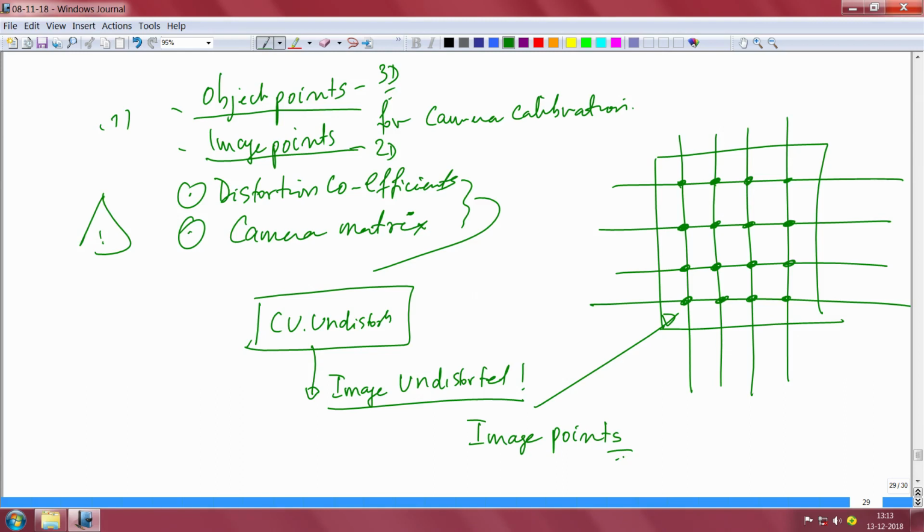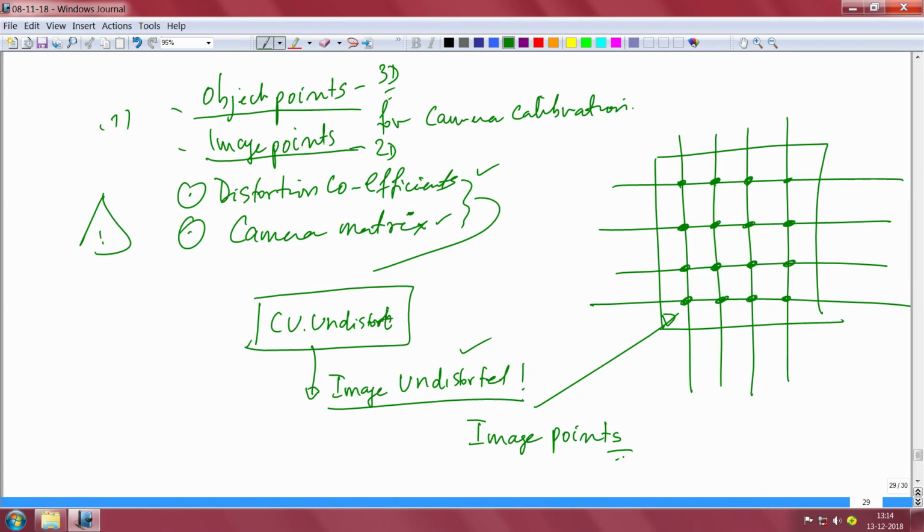All of this essentially leads to estimating the distortion coefficients and the camera matrix of interest. Once you have estimated these two through the process of camera calibration, you feed that information to the function called cv.undistort. If you do that, you will get an image which is completely undistorted.